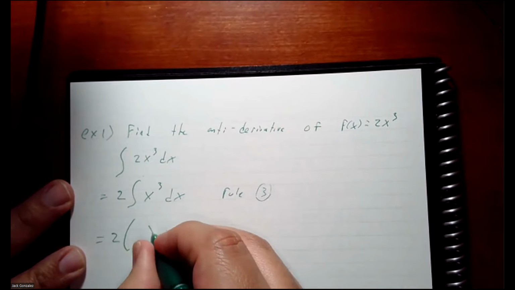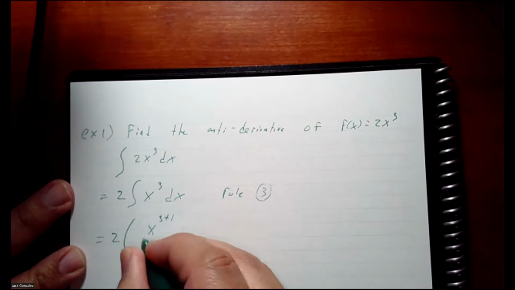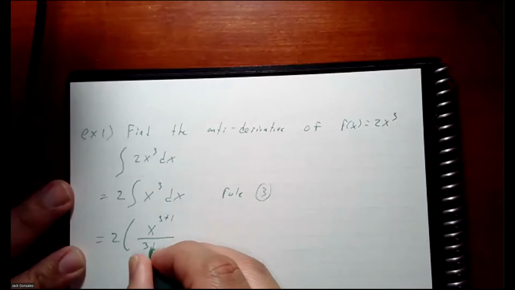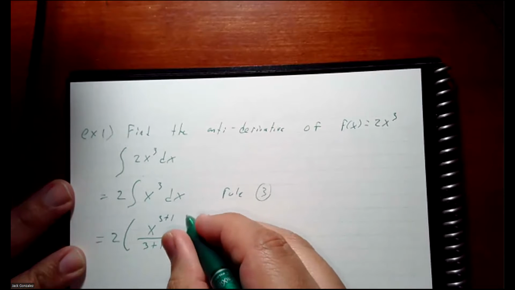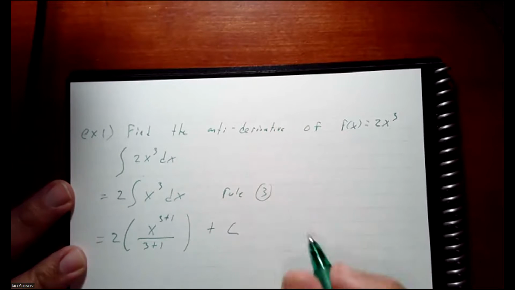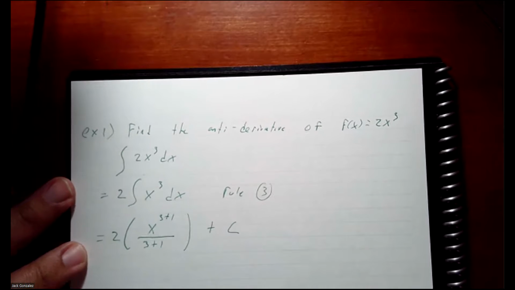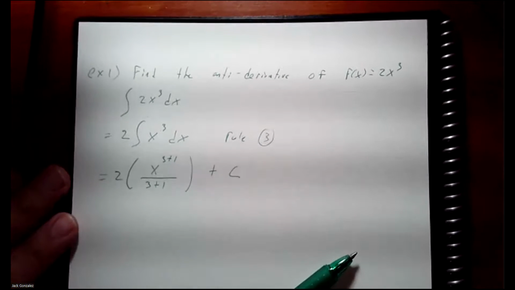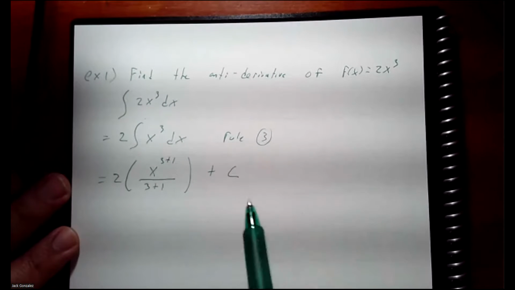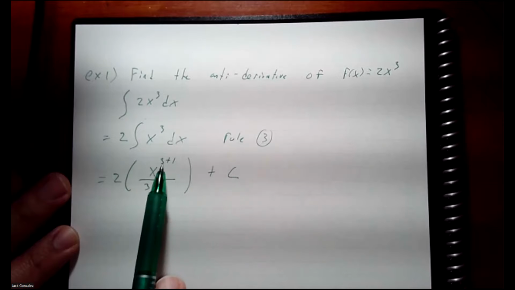The power rule says you add 1 to the exponent, and then you add your c. Once you integrate, you apply the rule, that's when you use plus c.